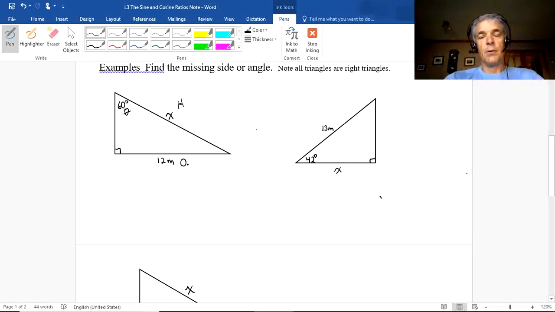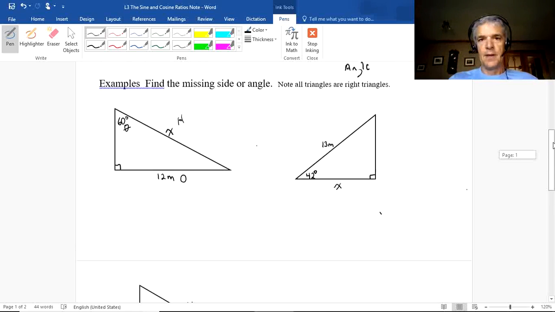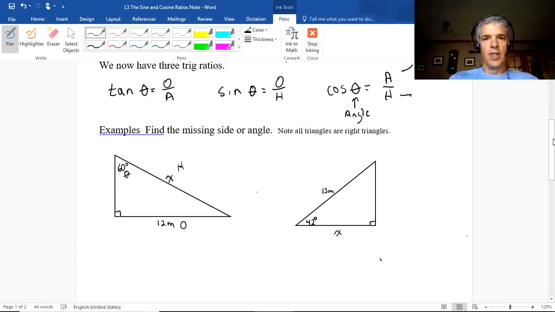Now, these are the 3 values I have: theta, opposite, hypotenuse. And I ask myself, which one of the 3 equations uses theta, opposite, and hypotenuse? Well, it's the sine. So I need to use the sine.